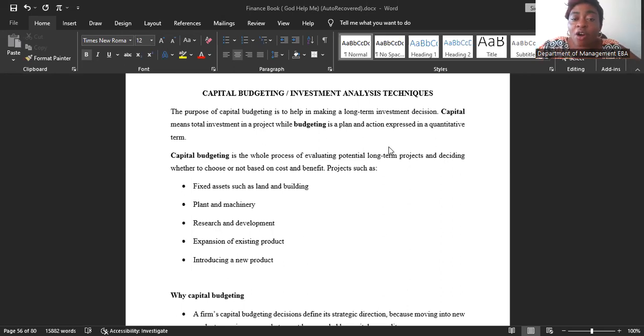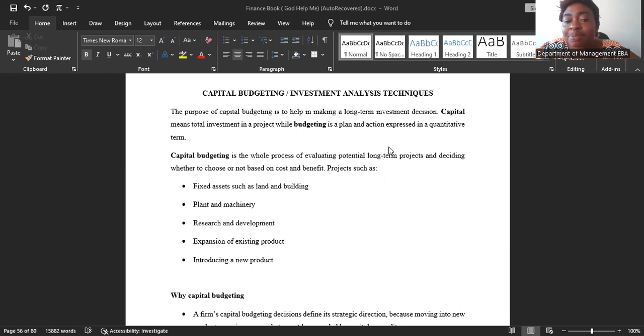Now, when you talk of capital budgeting, we are talking of evaluating a long-term project, deciding whether to invest or not, based on the cost and benefit. Like I said, we are looking at long-term projects, not a product. Investing in fixed assets, right?